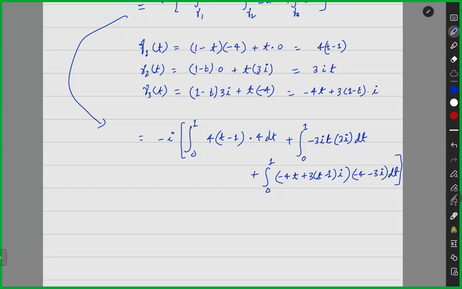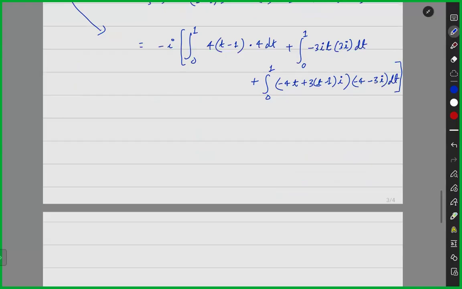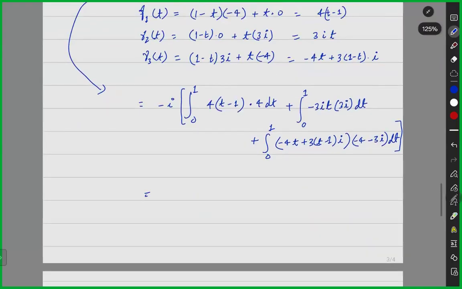Okay, fine. Now we can solve these integrals. These are very easy now. Last time we had some error in the integral, so this time we are going to solve it carefully. So in the first place we have 4 square, let me write outside, integral 0 to 1, and t minus 1. So we can directly write here (t minus 1) whole square by 2.